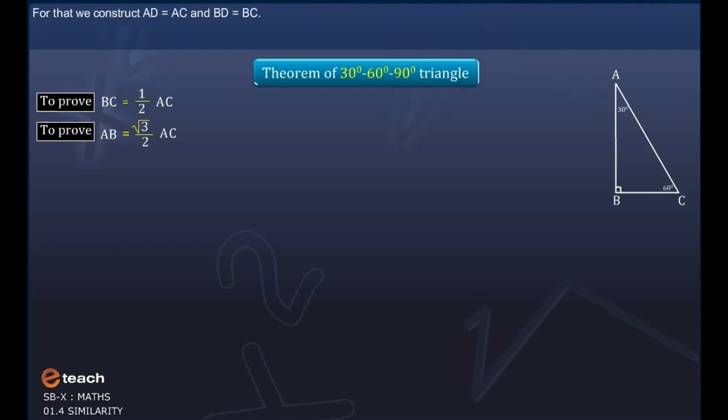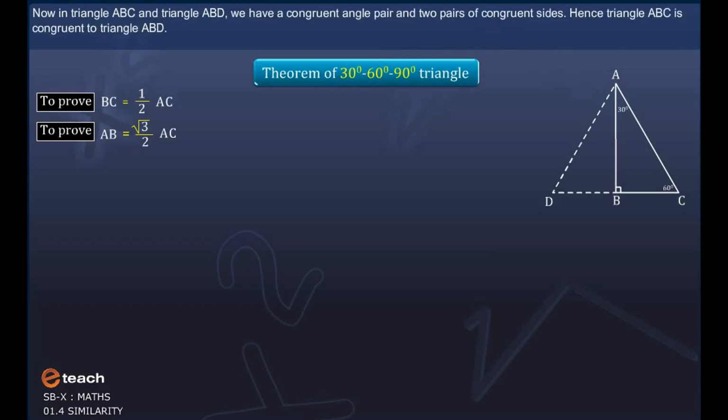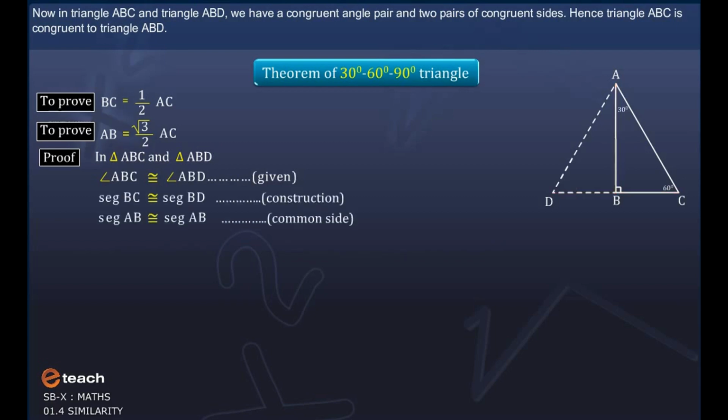For that, we construct AD is equal to AC and BD is equal to BC. Now in triangle ABC and triangle ABD, we have a congruent angle pair and two pairs of congruent sides.